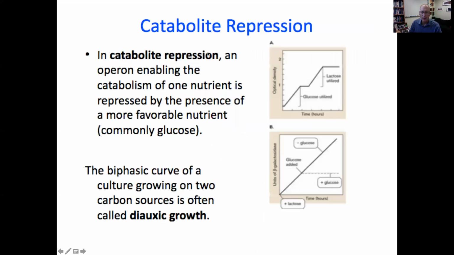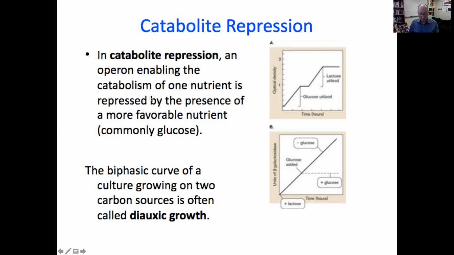Another term that's used in the Lac system is the concept of catabolite repression. The way that CAP comes into this is by virtue of the fact that E. coli would rather eat glucose than lactose, even though lactose has glucose as part of it.